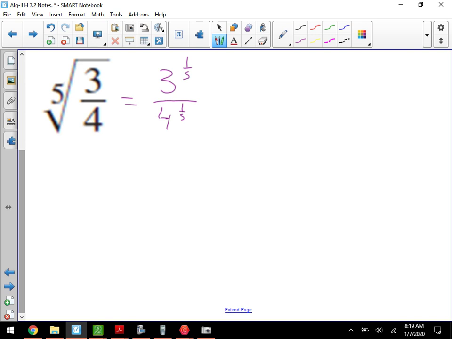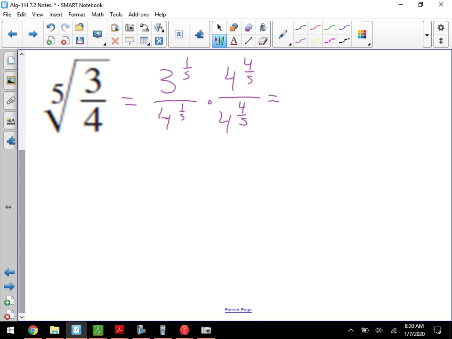How many more fifths do you need to create a whole in the denominator? 4 of them. So I'm going to multiply by some factor of 1, and this factor of 1 just looks pretty crummy, 4 to the 4/5. The denominator now has the same base, doesn't it?